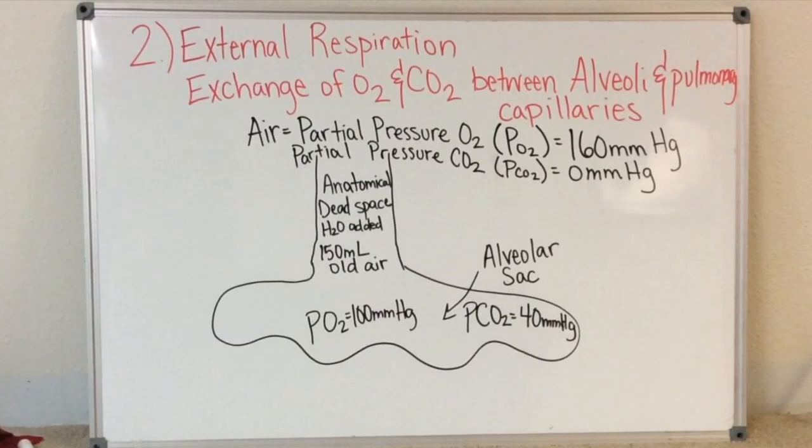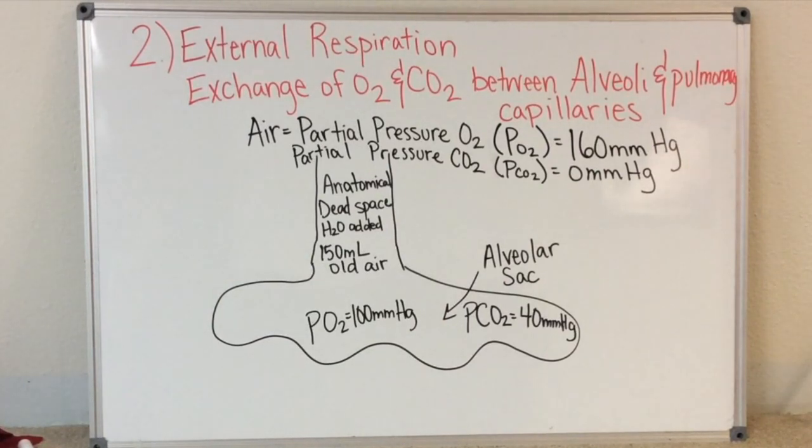We can determine the actual pressure gradients of oxygen and carbon dioxide in the alveolar sacs and the air because we know atmospheric pressure and the relative percentage of each gas. Oxygen in the air has a partial pressure of 160 millimeters of mercury. The partial pressure of carbon dioxide is about 0 millimeters of mercury.